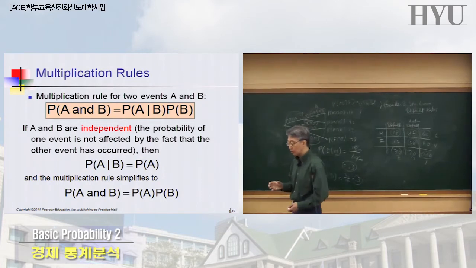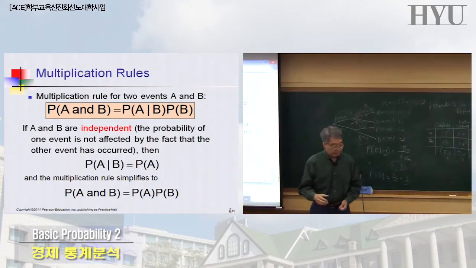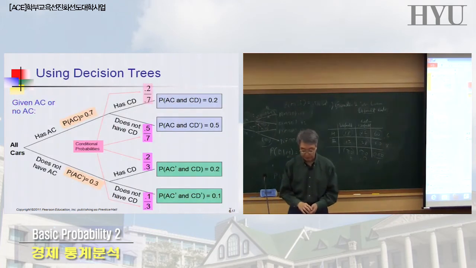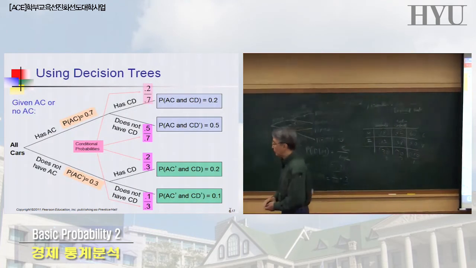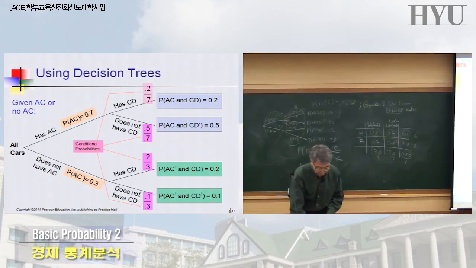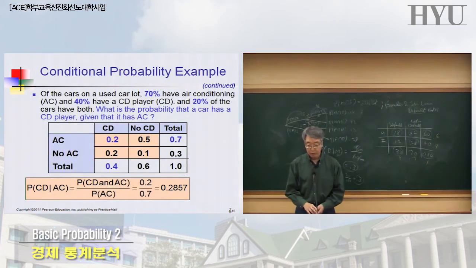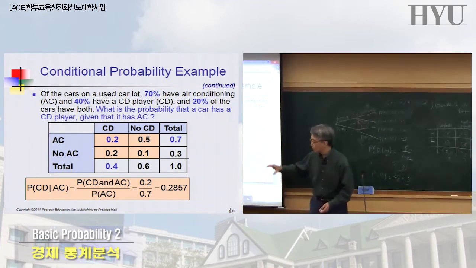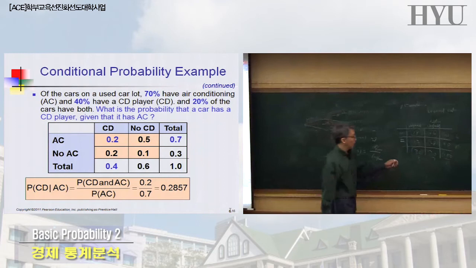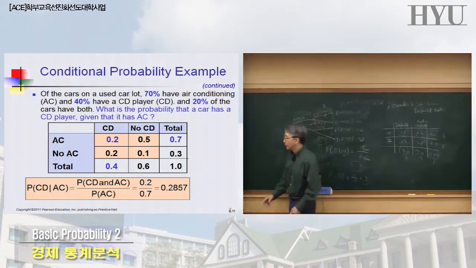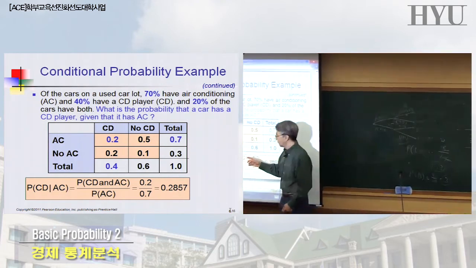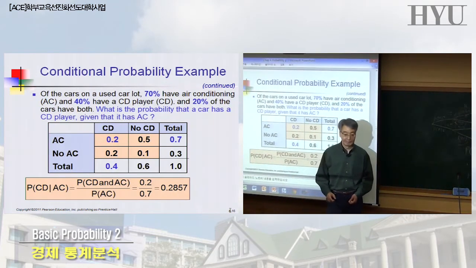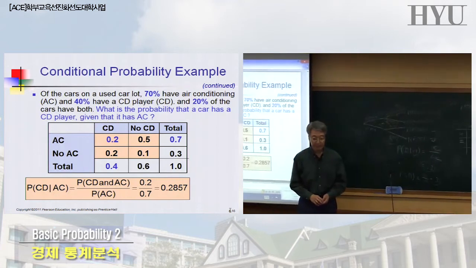Independence and the decision tree diagram. If you go back to this tree diagram and go back to this table, you can do it on your own at your leisure: whether this example works the same way as this example. In other words, are these two events, CD and AC, independent? Make sure you try that.